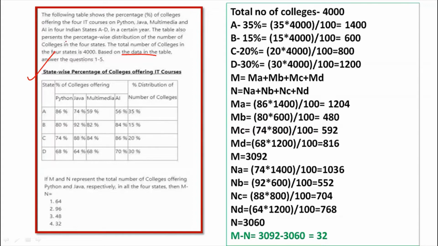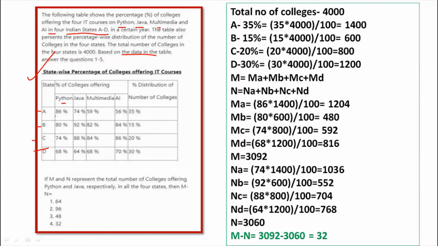So if we read, the following table shows the percentage of colleges offering the 4 IT courses on Python, Java, Multimedia and AI in 4 Indian states A to D. So we are given 4 Indian states A, B, C, D, and for every state we are given the percentage of colleges offering the courses Python, Java, Multimedia, AI.